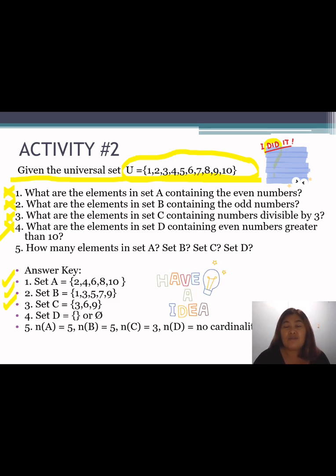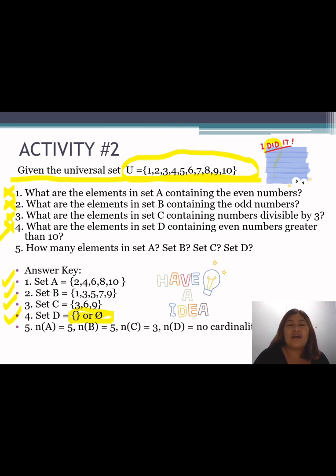It's 11, 12, 13, 14, and so on and so forth. But unfortunately, we cannot find any of those in our universal set. So therefore, we have an empty set. So therefore, set D is an empty set or null set. So these are the symbols of universal set and empty set.